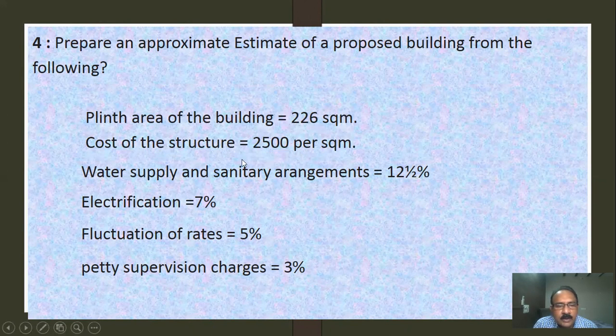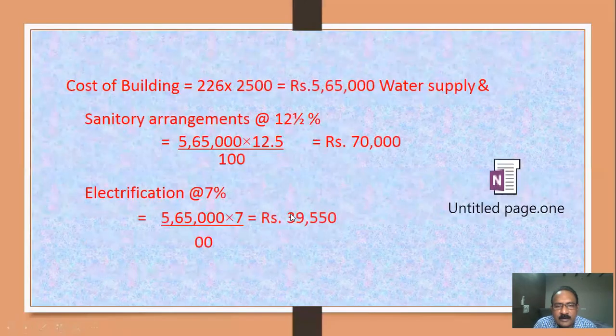See, water supply and sanitary arrangements is 12.5%, that is 12.5 by 100. After getting your basic cost, that is the structural cost of the construction, you have to multiply by 12.5%. Then you have to add 7% for electrification, and fluctuation rates is given as 5%, and petty supervision charges 3%.